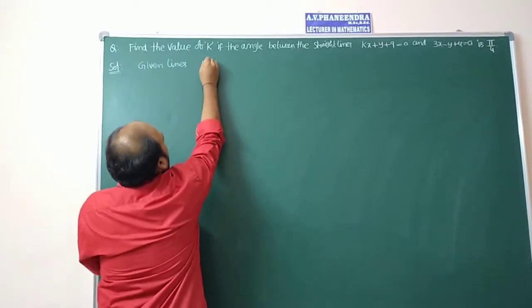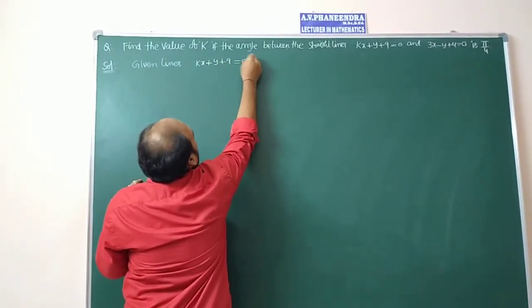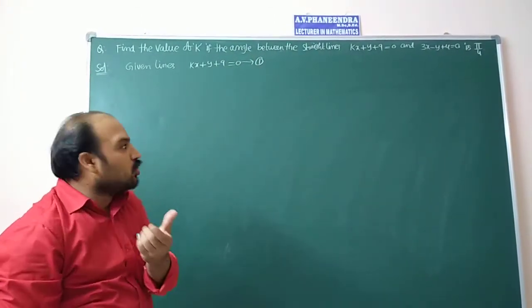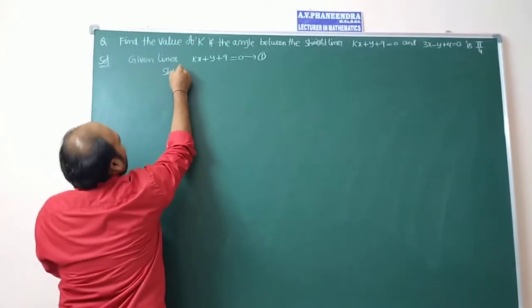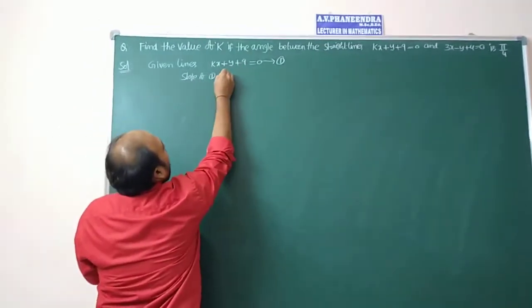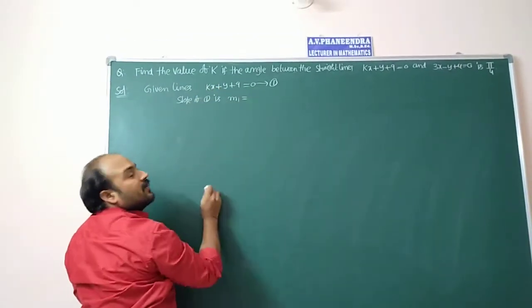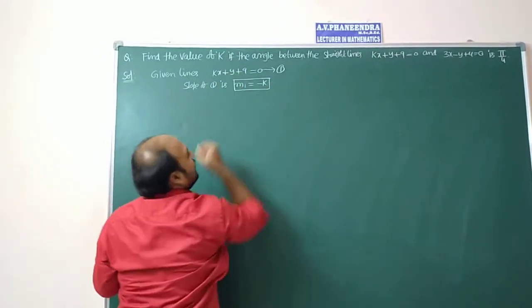First line is kx plus y plus 9 equal to 0. Keep that as equation number 1. This is the first line, whose slope is denoted by m1. Slope of equation 1, m1, is equal to minus x coefficient by y coefficient, that means minus k by 1. m1 equal to minus k.